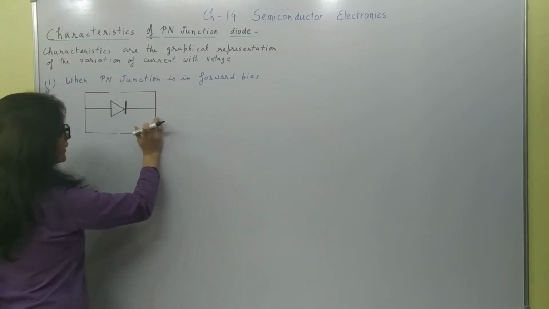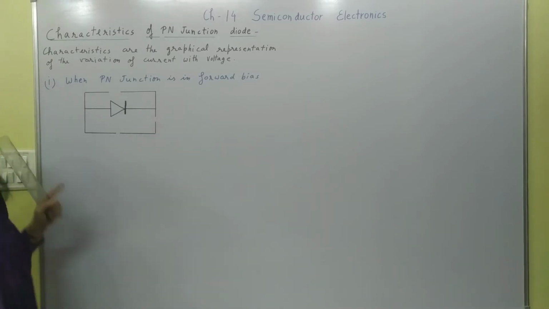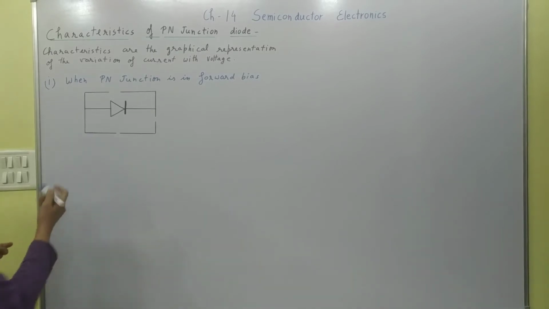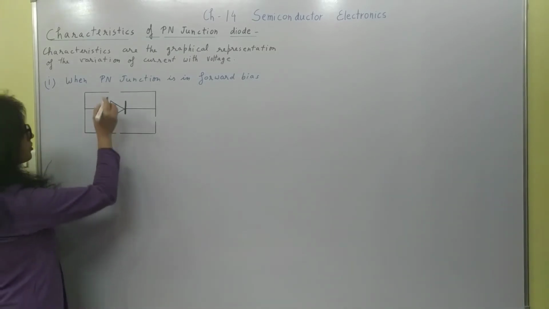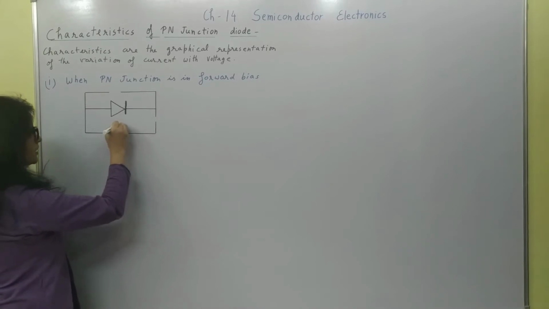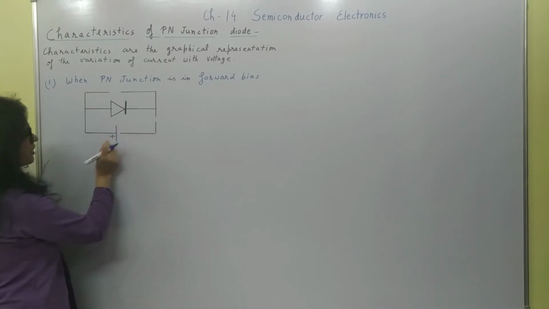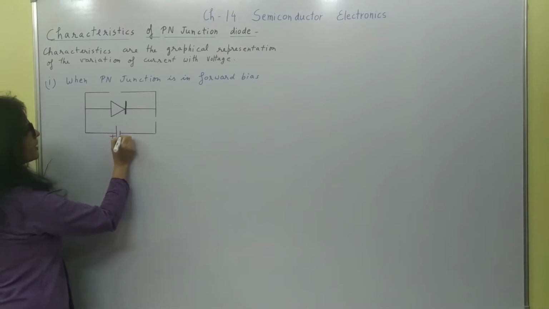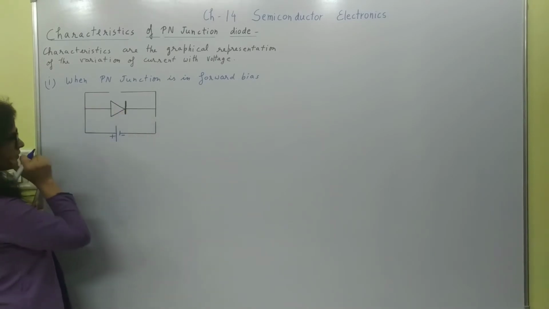And here we will connect a meter, but which one? I'll tell you. We have already discussed this while discussing the biasing. So here this is forward bias. The positive of the battery is connected to the P side, and the negative of the battery is connected to the N side, right?